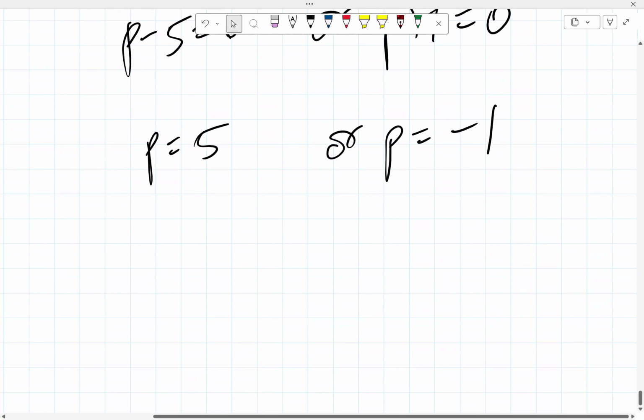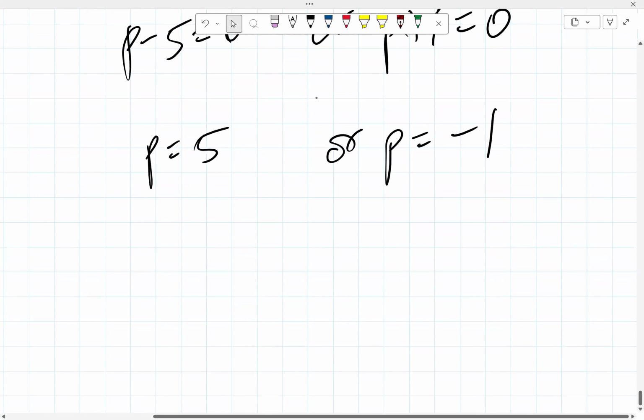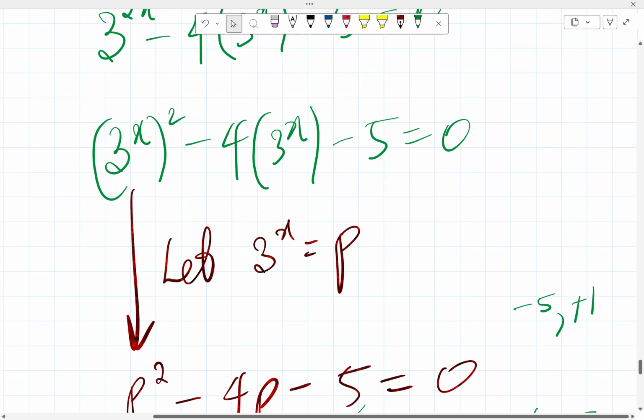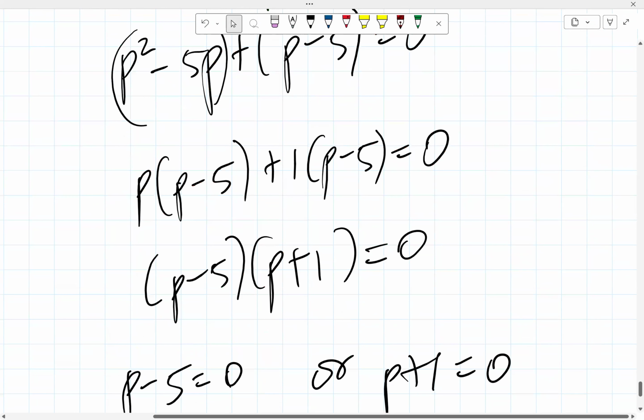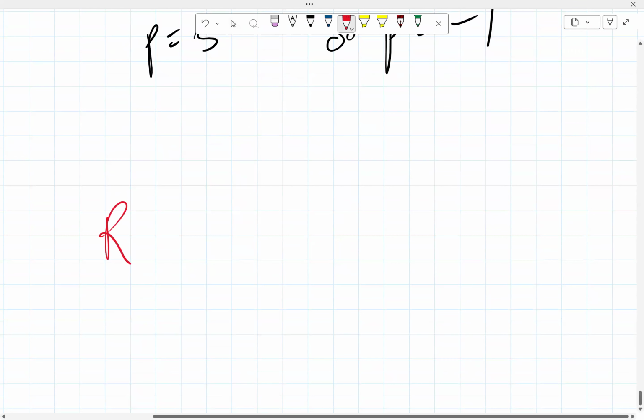Now, don't forget that you didn't start with p, so you cannot end with p. We started with x. But where did that change happen? 3 raised to power x equals p.